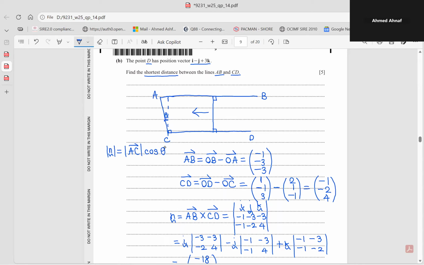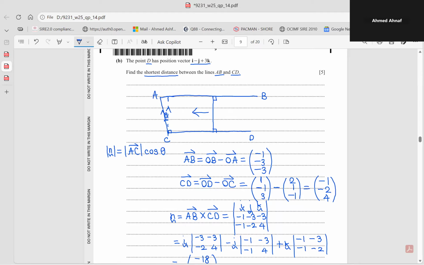Now, the question is, how do we find cosine theta? Luckily for us, since these two lines, AC as well as this translated normal, originate from the same point C, which is also where the angle between them is, we just have to look for an expression that has cosine theta in it.